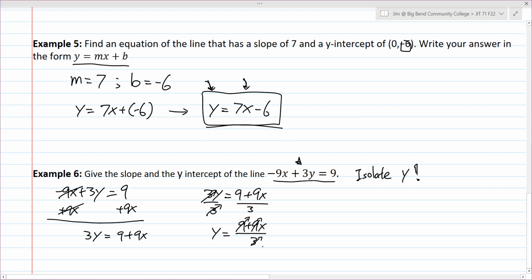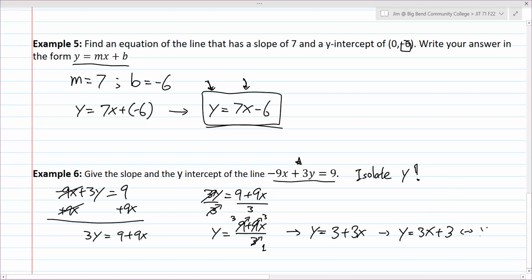So the 3 over 3 gives you 1. And let me ask you this. 9 over 3 gives you what? That gives you 3 as well, right? So you have 3 right here and 3 right there. That means you can rewrite the equation as y equals 3 plus 3x. We are getting there. And then to make it even better, we'll put the x term first and then the number later.